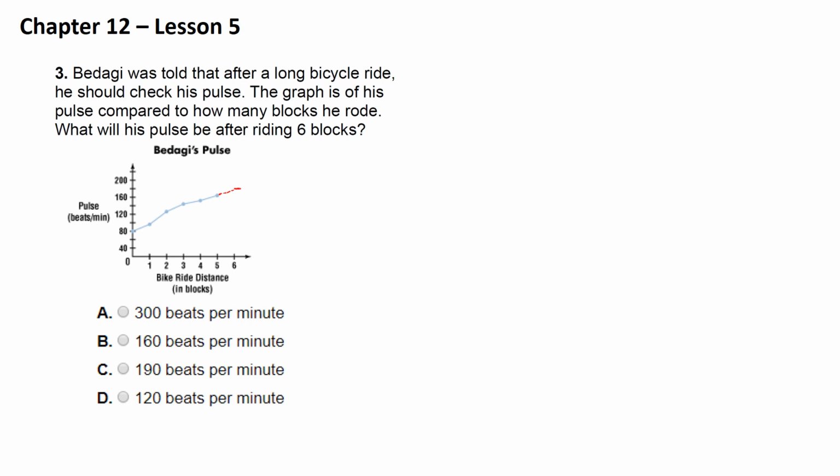So hopefully it levels out at some point, but if he stays with this pattern, it should be somewhere between 160 and 200. It's going to be way less than 300, higher than 120, higher than 160, so we're going to go with 190.